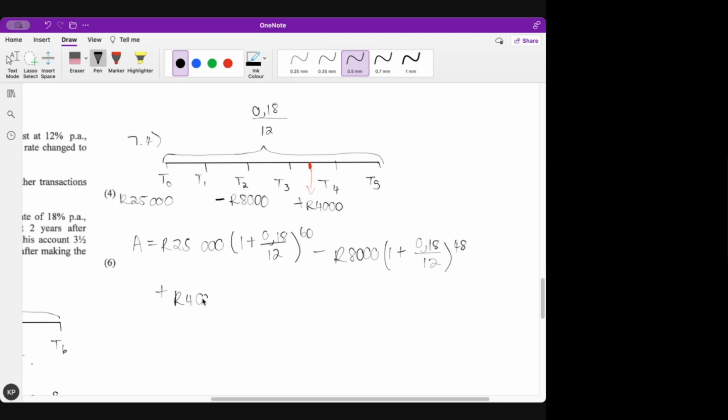And then the final part of this is the 4,000 rand that was added 3.5 years since the initial investment. So 1 plus same interest rate. And how many months are in 1.5 years? It was added 3.5 years after the initial investment, which means it was only there for 1.5 years. And how many months are in 1.5 years?